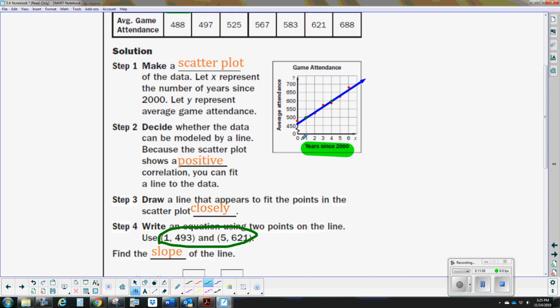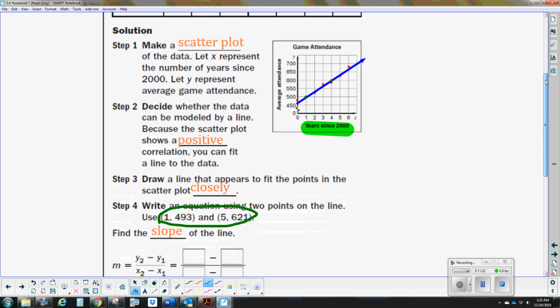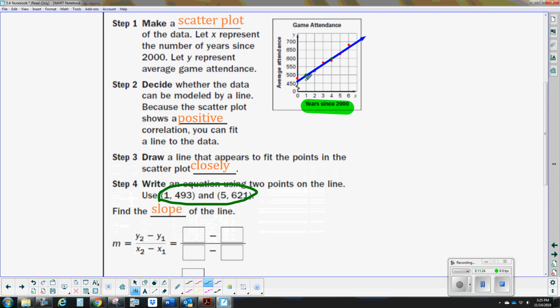To me, it looks like (1, 500) would be a good point and (4, 600) would be a good point. But we're going to use the points that they give us just so that we're all on the same page. So (1, 493), yeah, that looks like it might be on my line. And (5, 621), pretty close to what I have on my line.